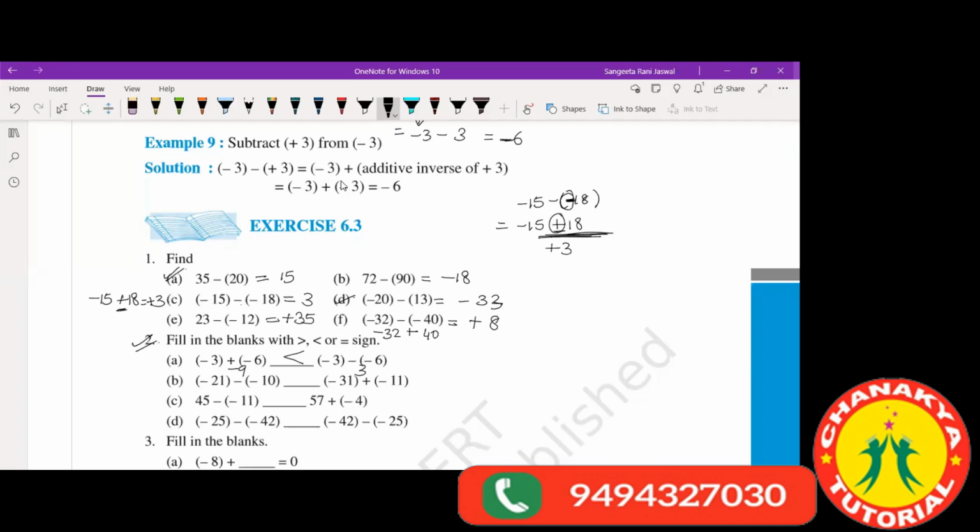Okay. Now Adya, it's your turn now. Adya, tell me what will you get here? Minus 21 minus 10. Ma'am, minus 21 minus 10 is equal to minus 11, ma'am. Minus 11. Good. Okay. And what will you get this side? Minus 31 plus minus 11.